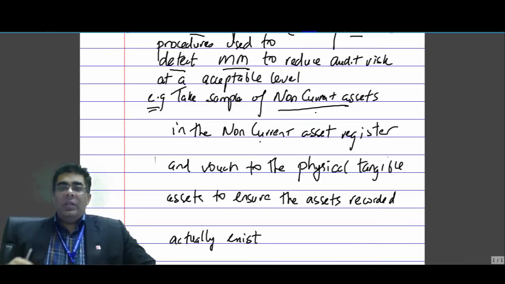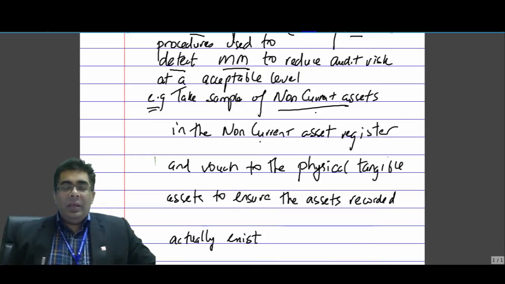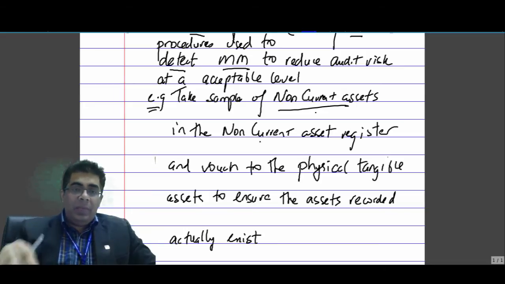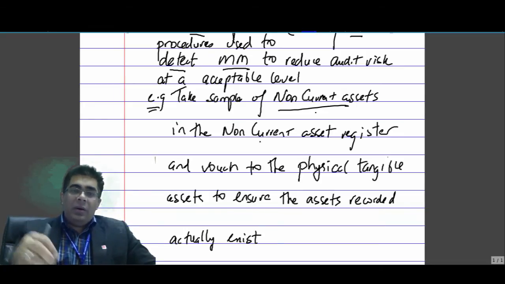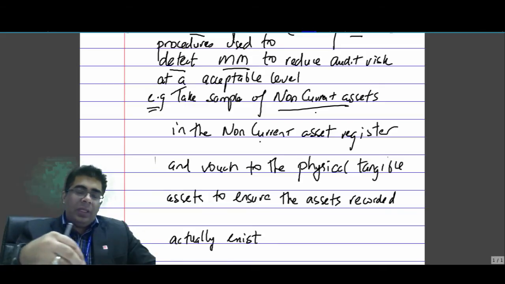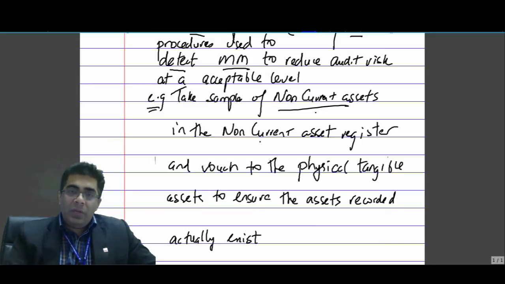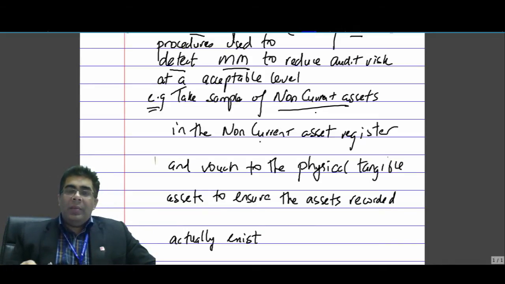Yeah, so instead of me relying on that somebody, maybe let's say the internal audit department is already doing all this vouching between the non-current asset register to the physical. Somebody is already doing it in the company, but I'm going to assume that that control is not working, and I'm going to do the process of testing myself.